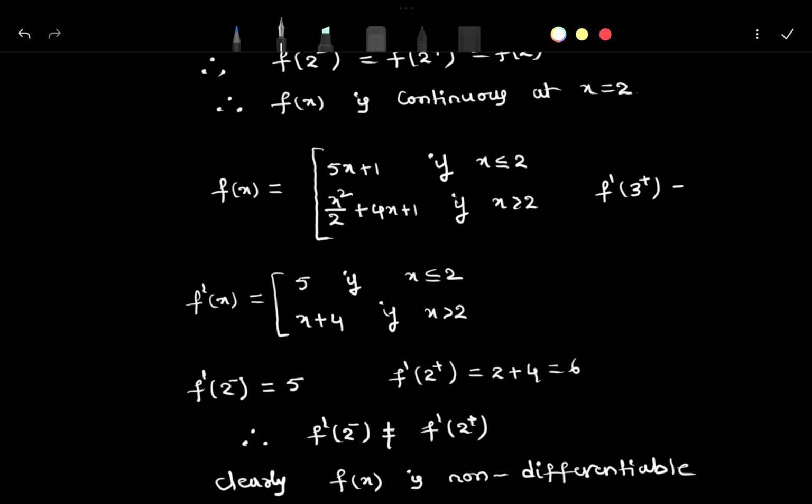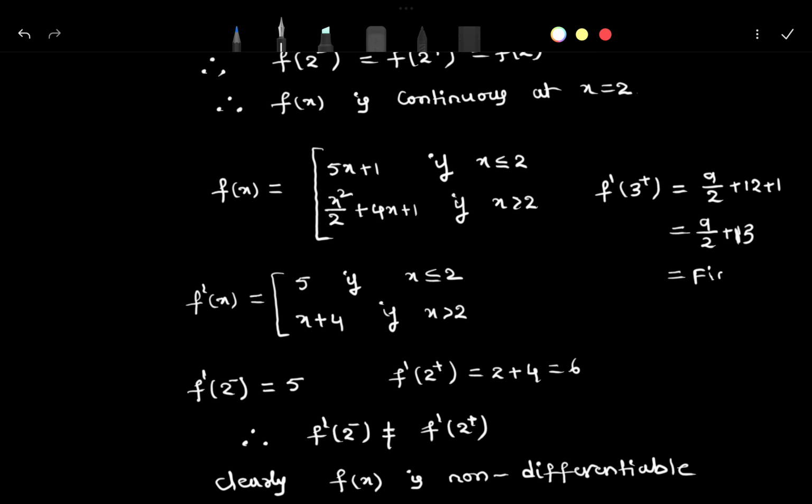When x is greater than 2, f of x value will be x square by 2 plus 4x plus 1. So if you substitute, this one will be 9 by 2 plus 12 plus 1. So this is a finite value, that is equal to 9 by 2 plus 13. So this is a finite and non-zero value.